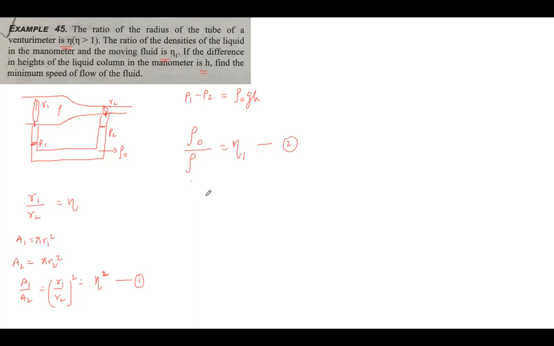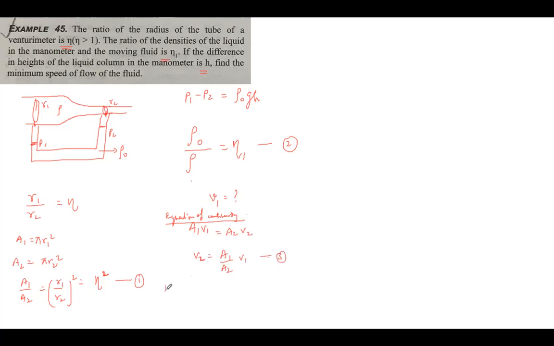Now we need to find the minimum speed of flow of fluid. So we have to find V1, right? So we are using the same thing we did just now: first we apply the equation of continuity. Either you should remember the formula or you should find it out at that point. A1 V1 is A2 V2, so V2 will be equal to A1 by A2 into V1.